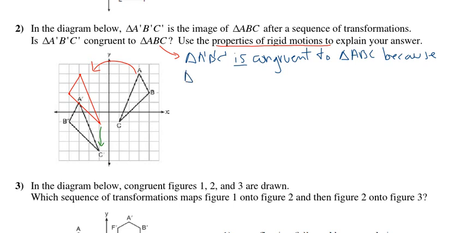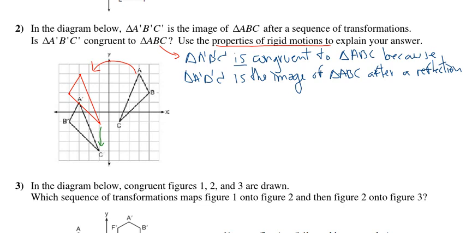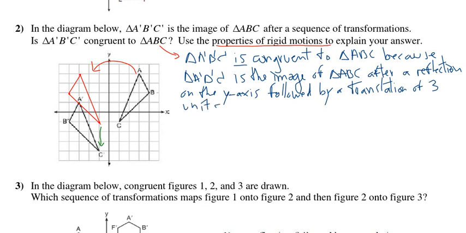Because triangle A prime, B prime, C prime is the image of triangle ABC after a reflection on the y-axis followed by a translation of 3 units down.